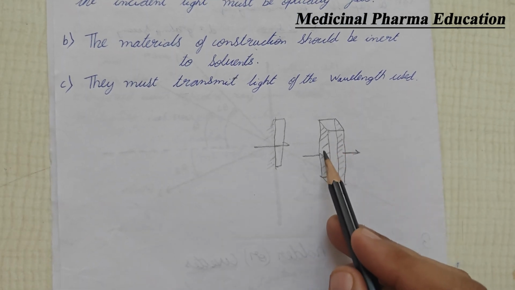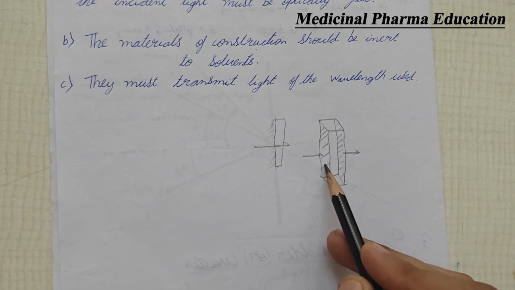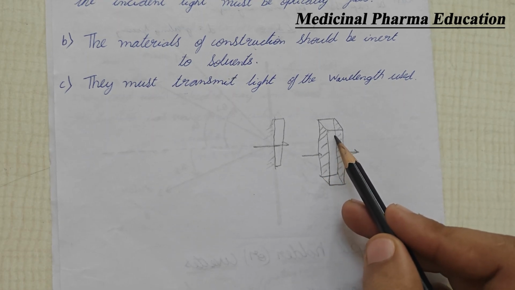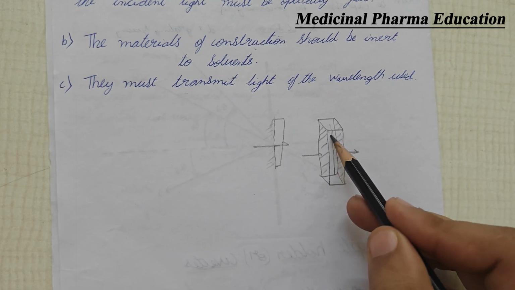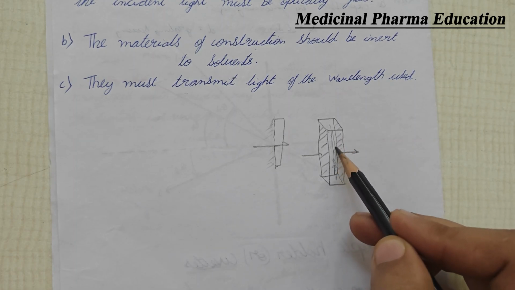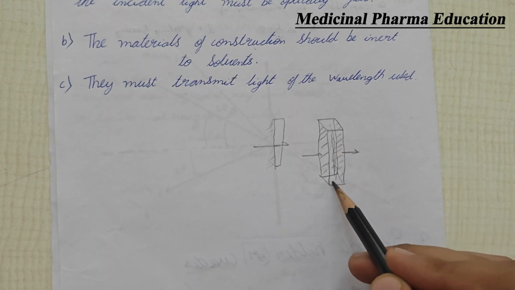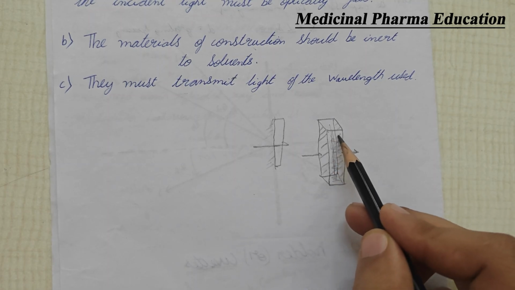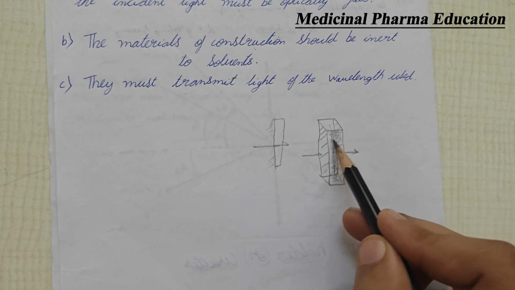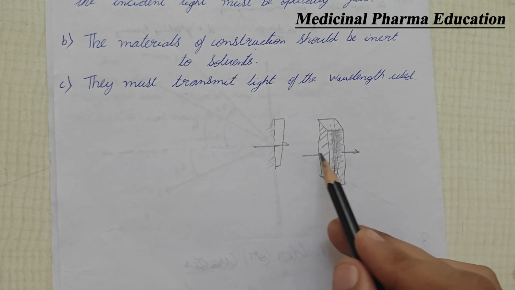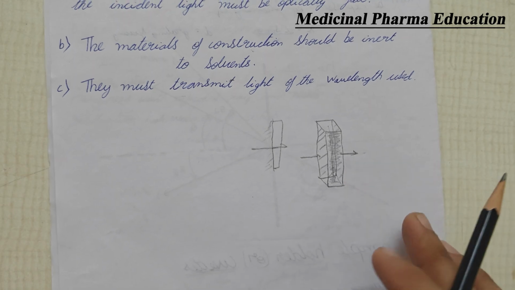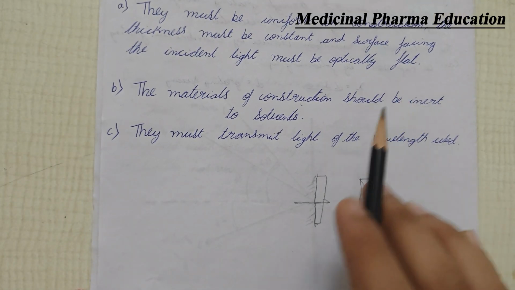This surface should be transparent and uniform, and the surface which we can touch with the fingers does not transmit the light; it is white in color or a little bit of a rough surface. On the opposite side, it is a clear surface and the light is transmitted through it. This is the first condition.